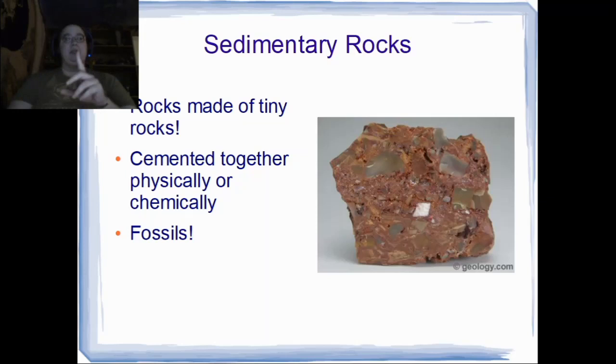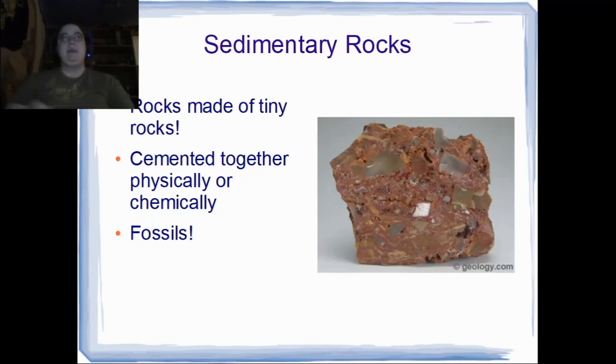The limestones. Limestones are what we know as chemically cemented rocks. Limestones happen in sedimentary rocks over time in which water has gotten through and degraded or dissolved certain chemical elements inside rocks.